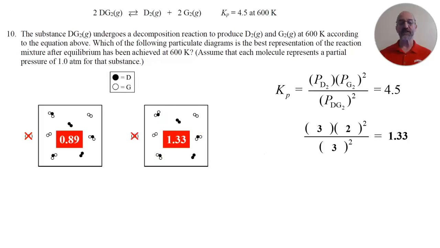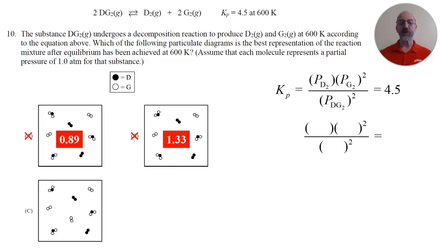Let's move on to choice C. I see 2 particles of substance D2. That's a partial pressure of 2 atmospheres for substance D2. I see 3 particles of substance G2. That's a partial pressure of 3 atmospheres for substance G2. So those values go into the numerator. And then I see 3 particles of substance DG2.